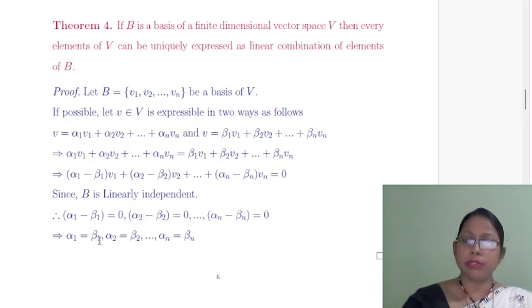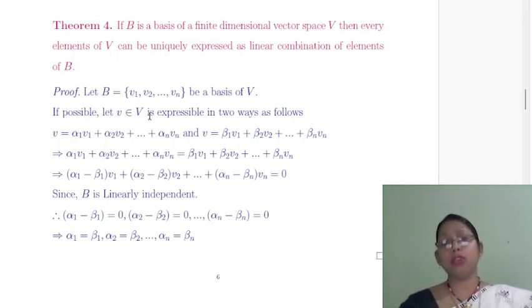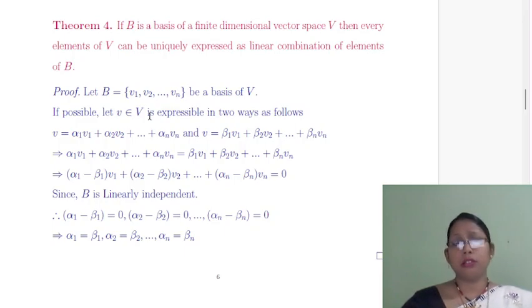This implies alpha 1 is equal to beta 1, alpha 2 equal to beta 2, ..., alpha n equal to beta n. That means if there are two different linear combinations of the vector v, then the sets of scalars are equal. That means every element of V can be uniquely expressed as a linear combination of the elements of B. Hence the theorem.